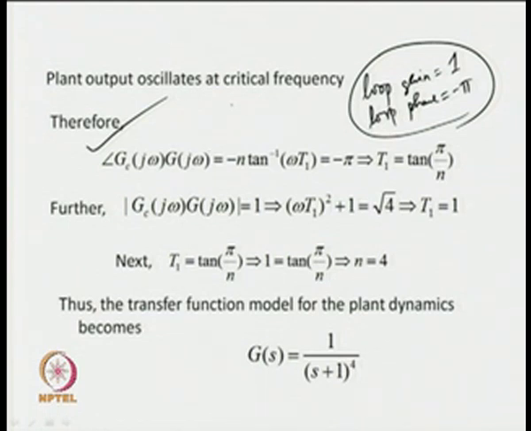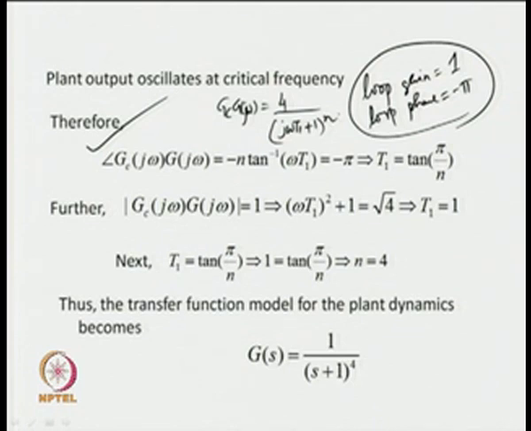How do we get this? Because we know that G_C G(s) is now given as 4 K upon (T1 s plus 1) to the power n. Again K is equal to 1. Therefore, G_C G(s) is equal to 4 upon (T1 s plus 1) to the power n. Therefore, G_C G(j omega) will be equal to 4 upon (j omega T1 plus 1) to the power n.